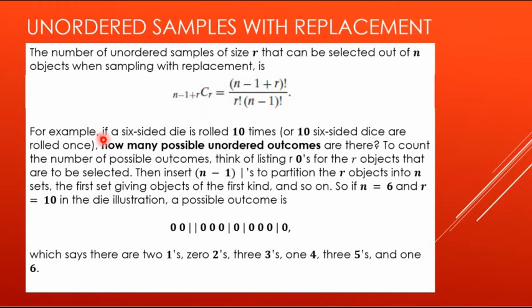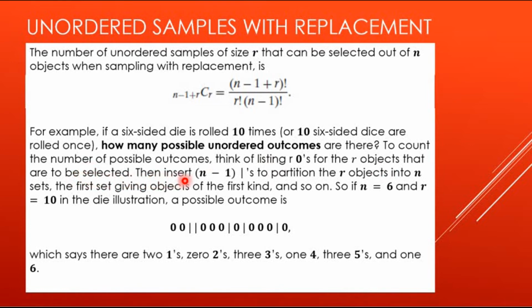For example, if a 6-sided die is rolled 10 times or 10 6-sided dice are rolled once, how many possible unordered outcomes are there? To count the number of possible outcomes, think of listing r zeros for the r objects that are to be selected.